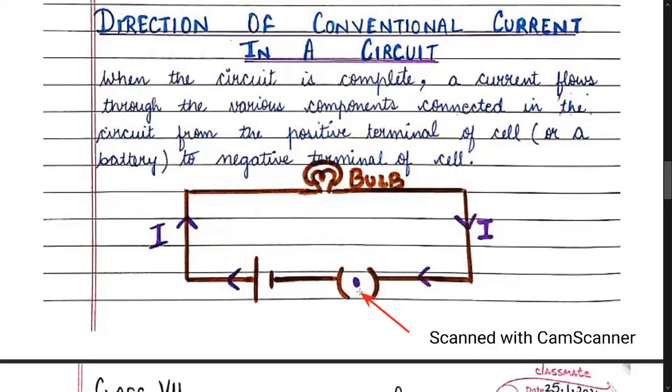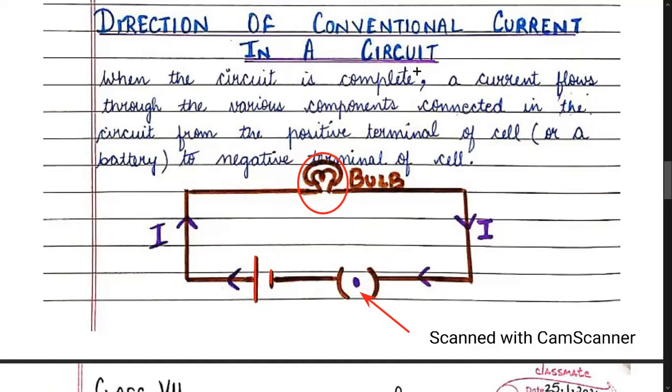So see, the key is on. It is a closed key. And in the circuit, I have taken a cell, one cell, and a closed key, and I have put an electrical appliance. I have taken that appliance to be a bulb.